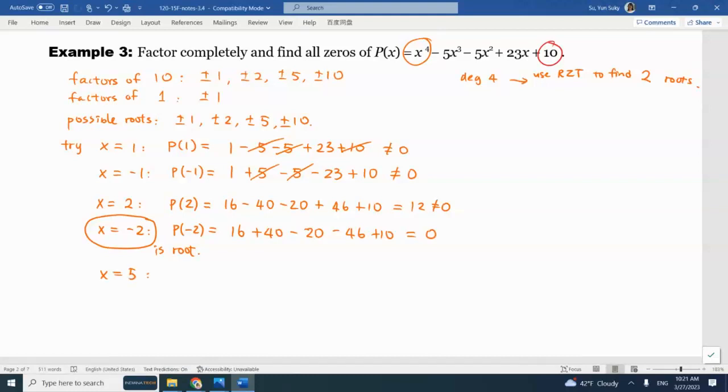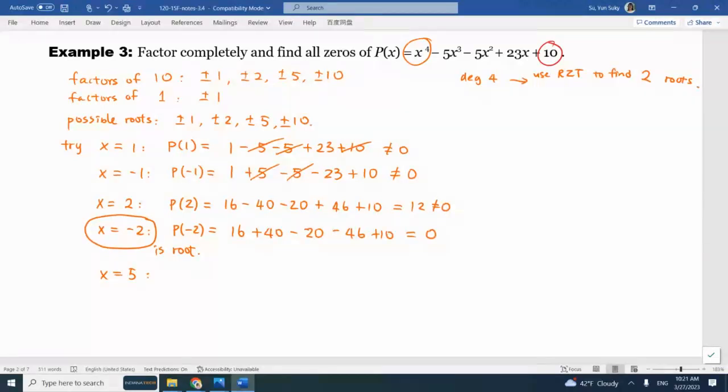Why 2? Okay. That is because you start with degree 4. If you find 1 root, let's say x equals to minus 2 is a root, that means x plus 2 is a factor, right? So you get this factor, and then the remaining is the degree 3 polynomial. How do you find the degree 3 polynomial?